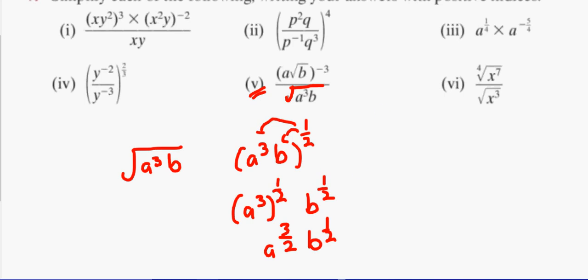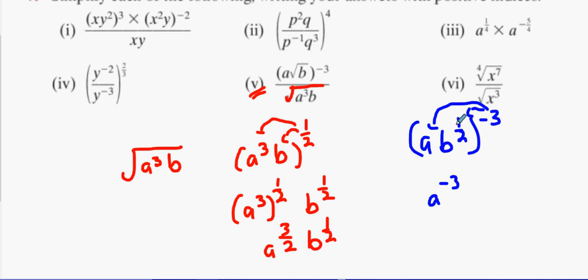Now, next part is the blue part, which is going to be ab to the power of a half, and then there's a minus 3 on the outside. Like the one we discussed previously, the minus 3 works on the a and the b respectively. So it's going to be a to the power of minus 3, and you multiply, don't you? So what's minus 3 times a half? Yeah, just difficult stuff.